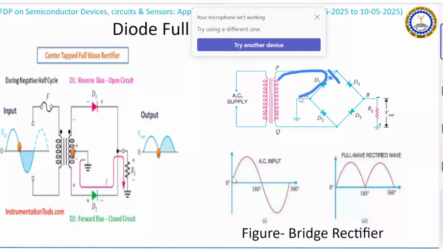Now the next is the negative cycle. In the negative cycle, I can make this negative and this positive. In that case, negative is connected to positive in this way. The current is flowing from this to this, and then it is going over here, and from here it is going to this, and then it reaches over here.